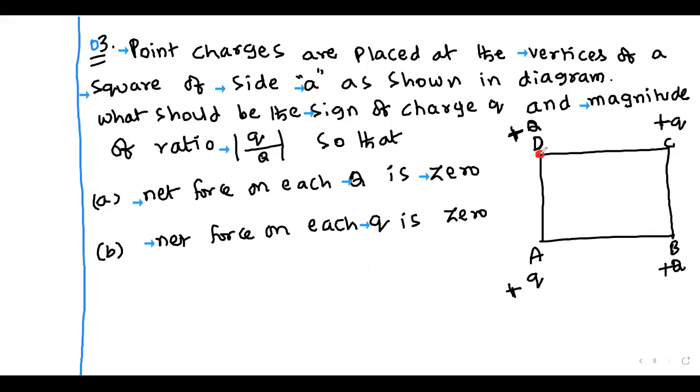So I am considering the force at D is 0. Force at D is 0 means there will be a force acting from A and a force acting from C.